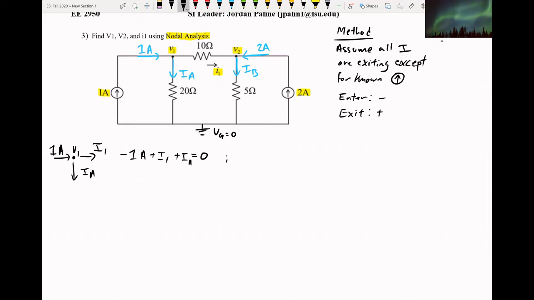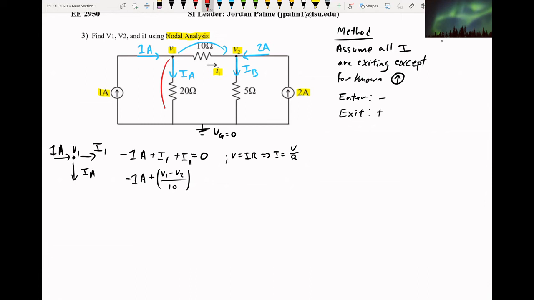And if we use V equals IR, where I is equal to V over R, we can say negative 1 amp plus I of 1. I of 1 is going to be V of 1 minus V of 2 over 10, because we're just going from here to there.